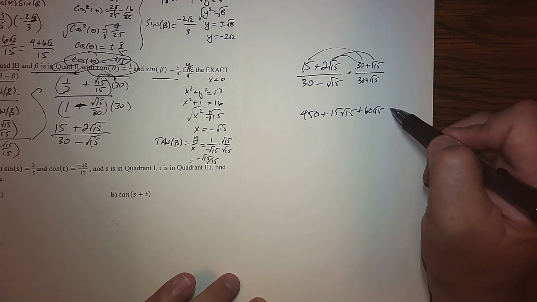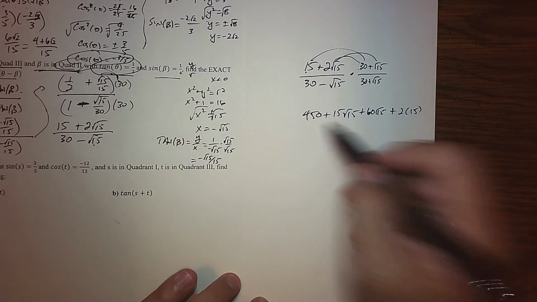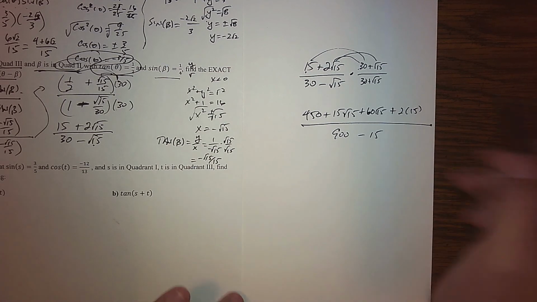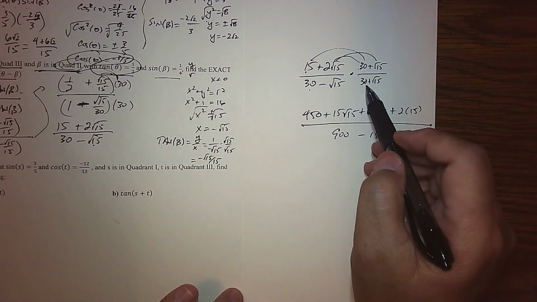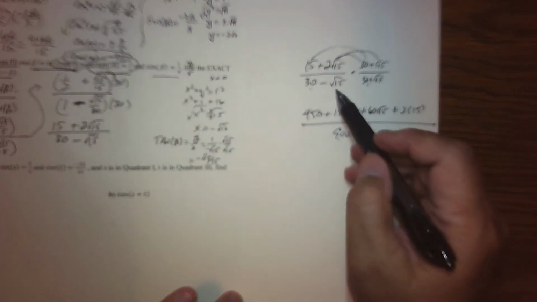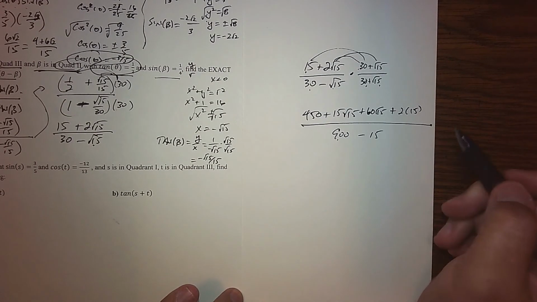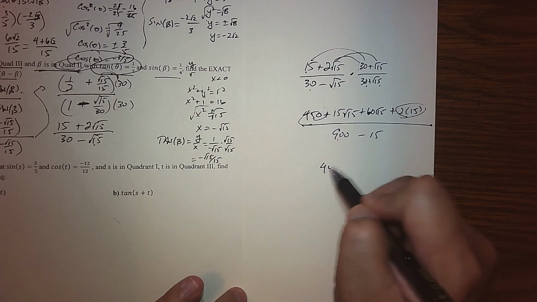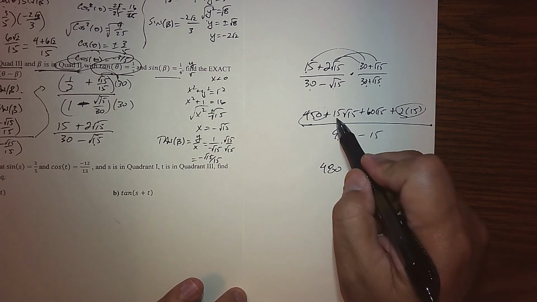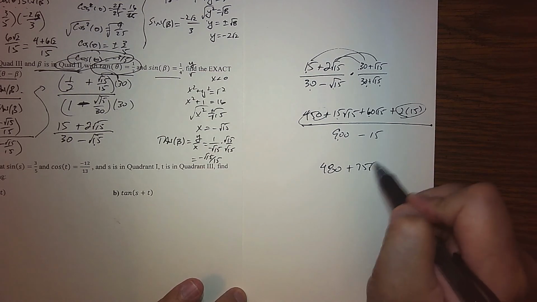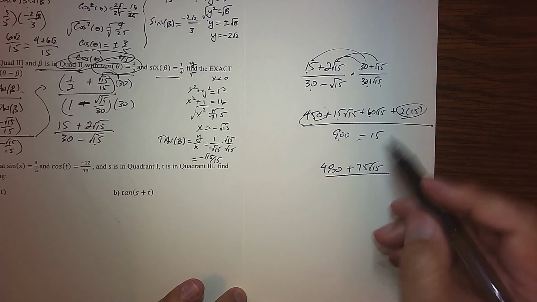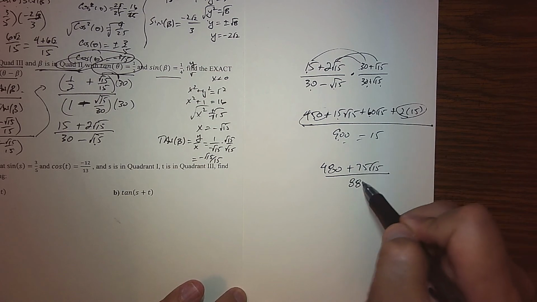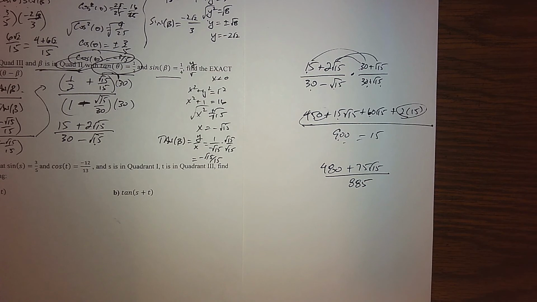Then back here we basically have 2 times 15, all over 900 minus 15, because we've got the difference of squares. 30 times 30 is 900, and the square root of 15 times the square root of 15 is 15. So 30 plus 450 is 480, and 15 plus 60 is 75 square roots of 15. On the bottom, we have 885. So that's a lot of fun.